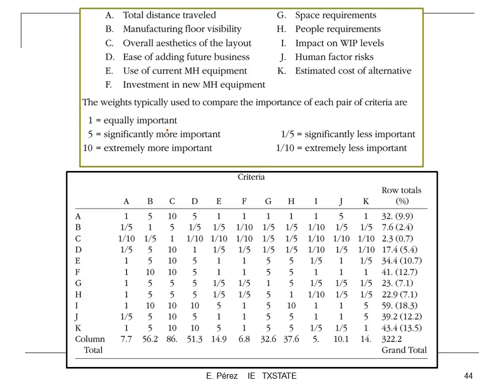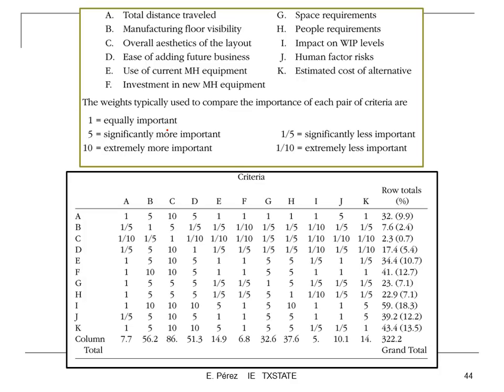So as you will expect, you're gonna have a column and a row for each one of these items, and for those items that are the same, you're gonna have a 1. So this is diagonal 1. And then when you start comparing them, for instance A and B, total distance travel and manufacturing flow visibility, how those two things relate in terms of importance.